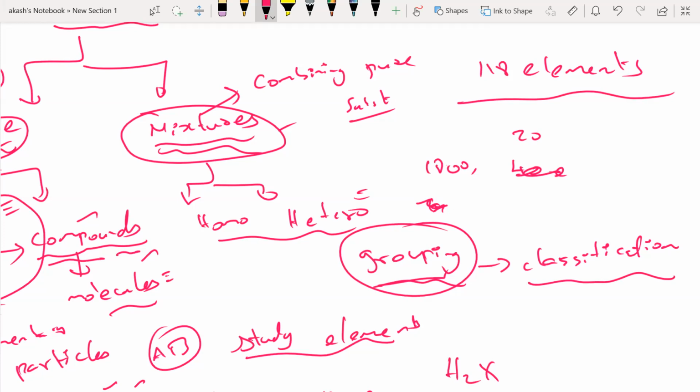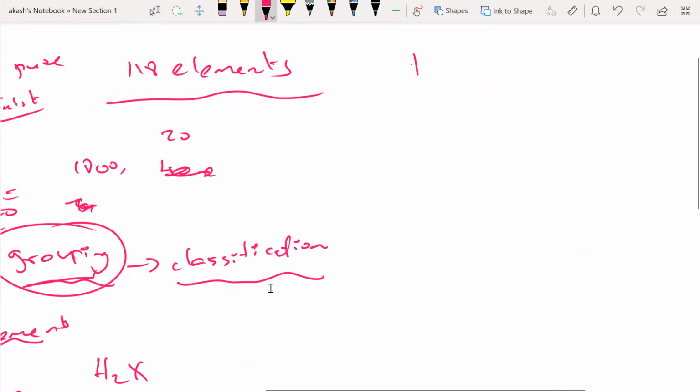One of the easiest ways to classify elements was by Dalton. Dalton was the first to do this, with whatever elements were known at that time. Not many elements were known, very few.